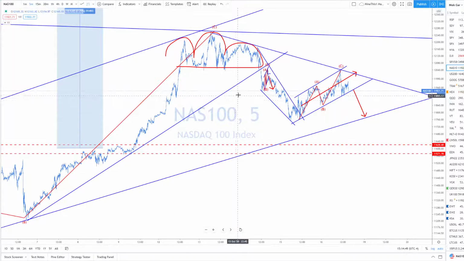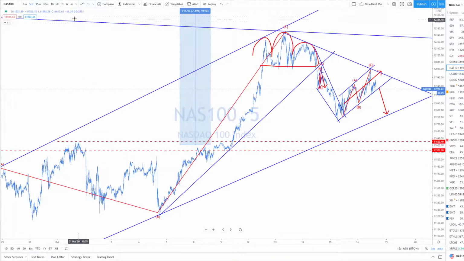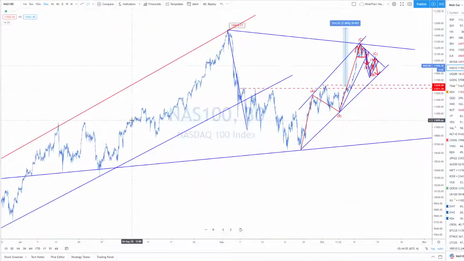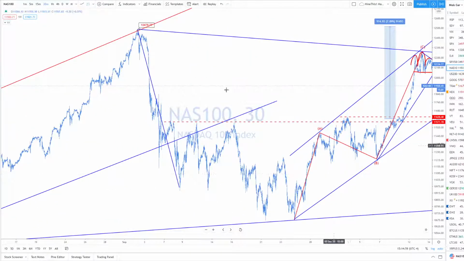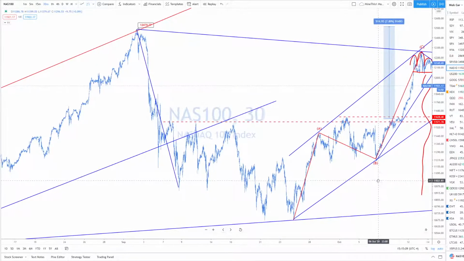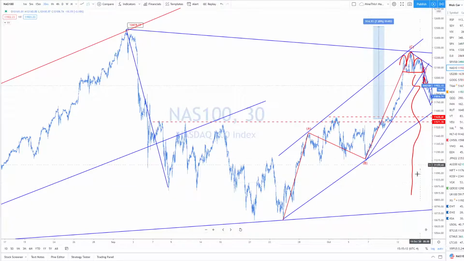Another point I want to make real quick. Remember how I was saying, let me go out a little bit, that it would be very awkward to see price come down like this, right? It wouldn't look very natural. The market's got to be ready to go down. It would not be natural to go straight down.